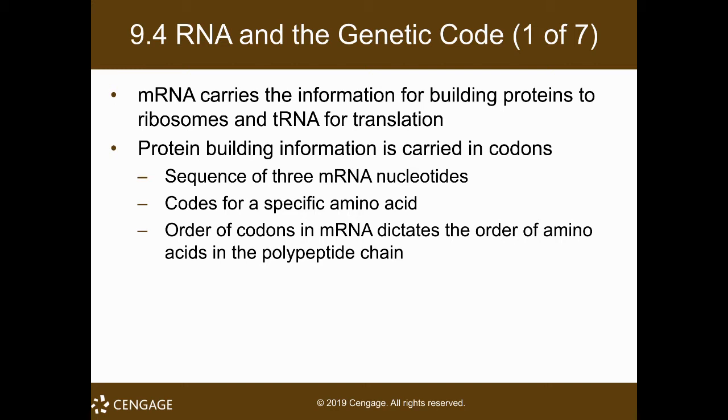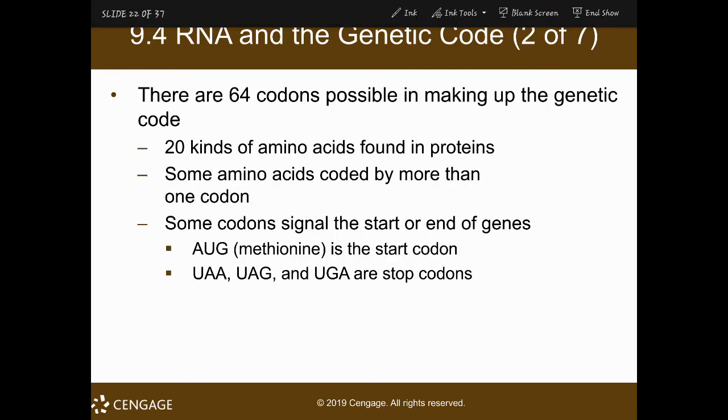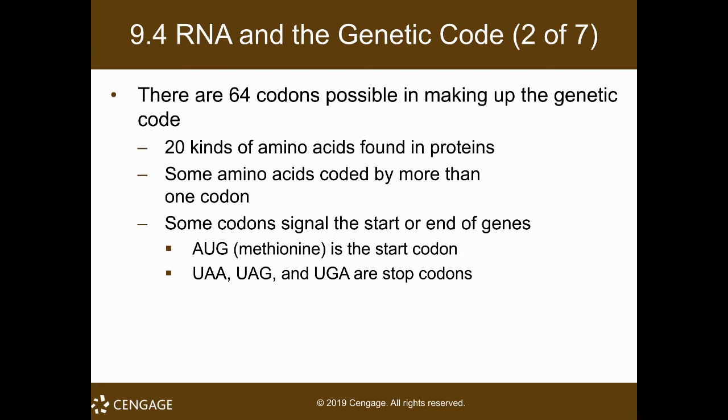Now, each codon codes for a specific amino acid. The order of these codons dictates the order of the amino acids in your polypeptide chain. Now, remember, we have 64 codons. Why 64?